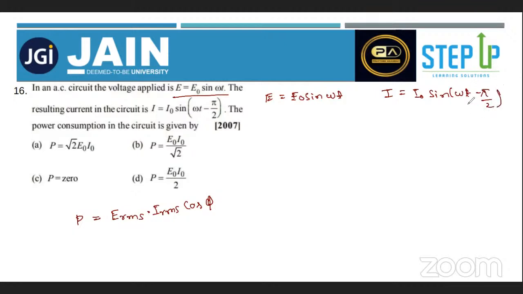Comparing these, the phase difference phi comes out as pi by 2. If you substitute it here, cos pi by 2 is equal to 0, irrespective of the values of E RMS and I RMS, which makes the whole term equal to 0. So this is the option.